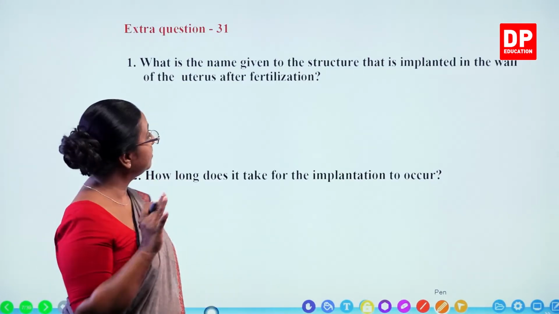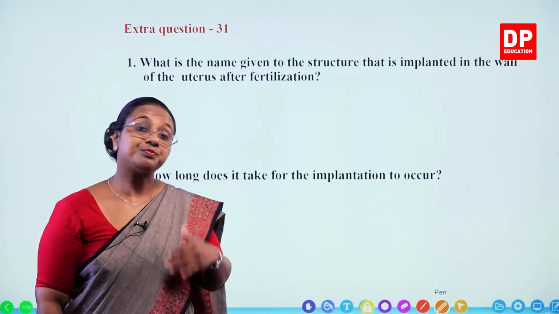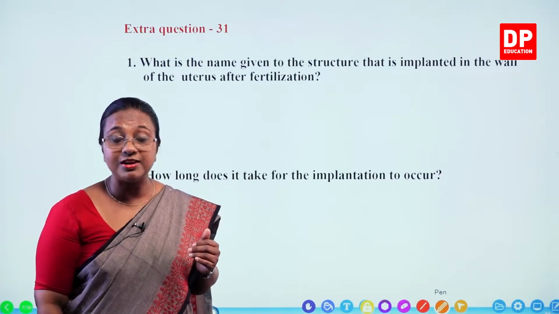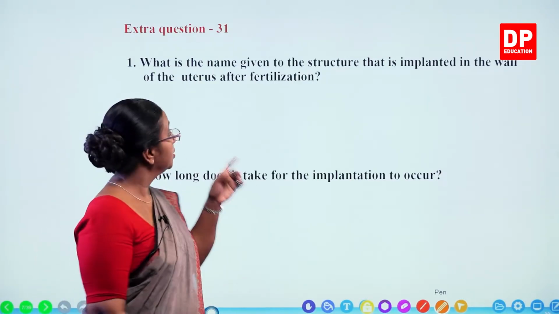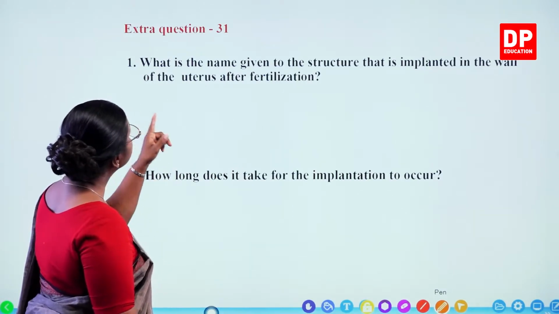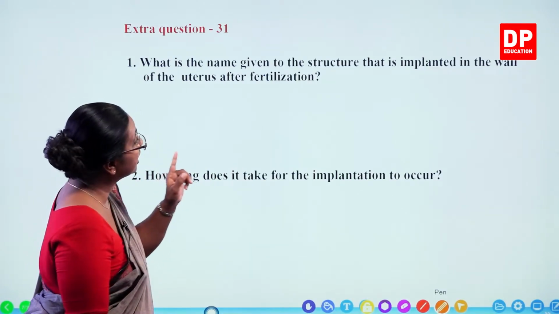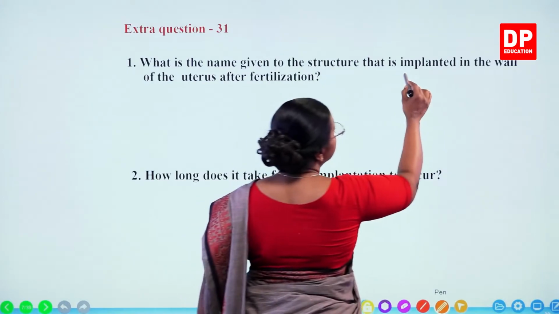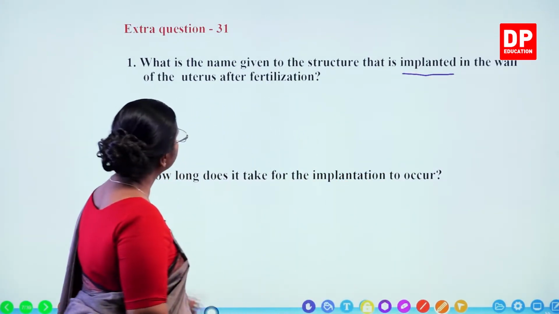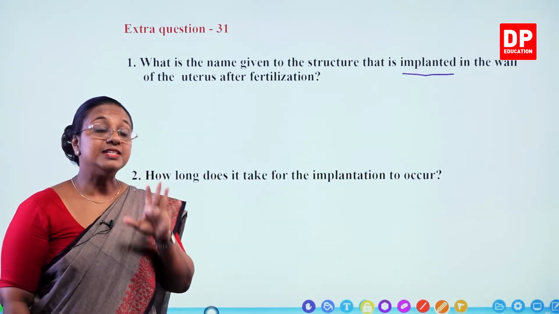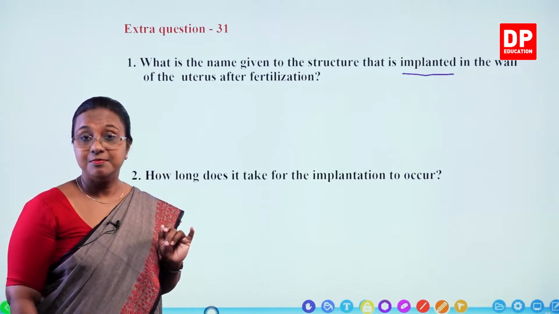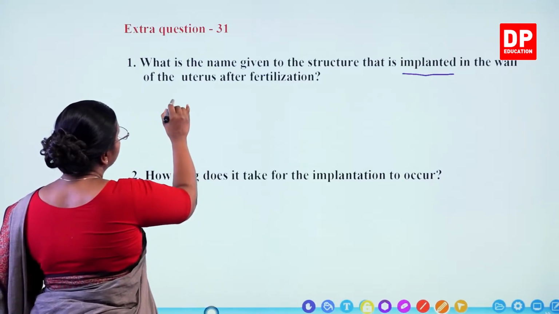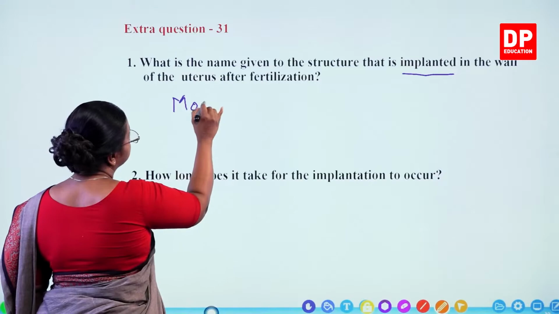There it becomes the embryo, and then the embryo develops into the fetus. So, the question is, what is the name given to the structure that is implanted in the wall of the uterus after fertilization? That is the morula that gets implanted. So, here we have to write the name morula.